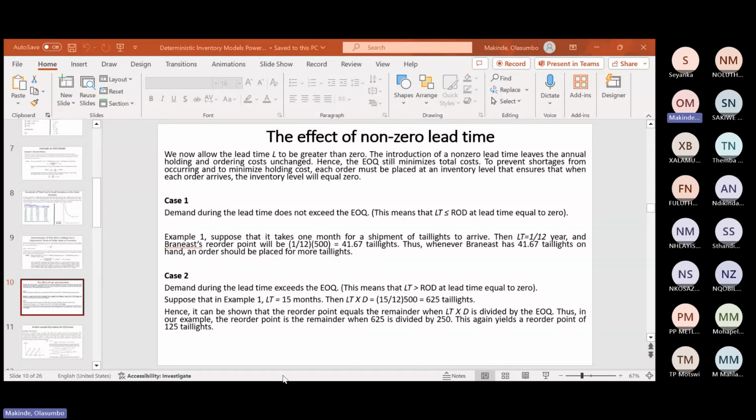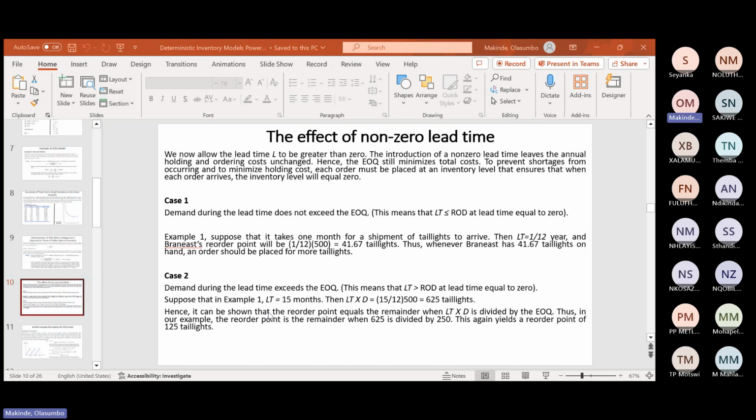The formula we use this time, we have 2 cases. Let me tell you first, the formula we use to calculate the reorder point is annual demand times lead time.